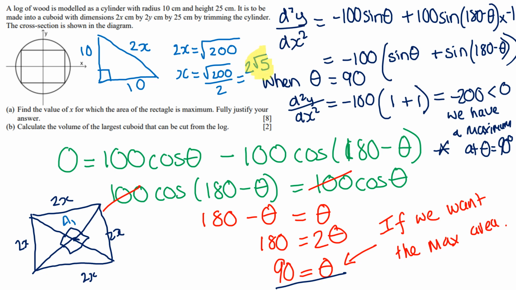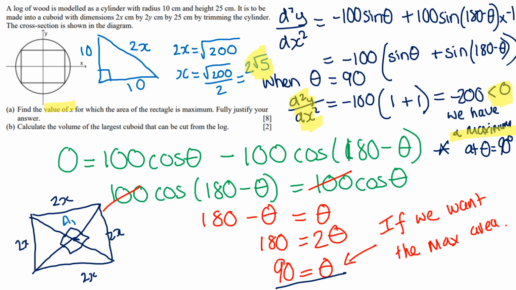That's my x. So I've found the value of x for which the area of the rectangle, which is a square, is maximum, and I think we've fully justified it by showing d2y by dx squared was negative, so a max, and we justified that to find the maximum you had to set dy dx equal to 0. I must say that somewhere, I think I put it on the other slide.